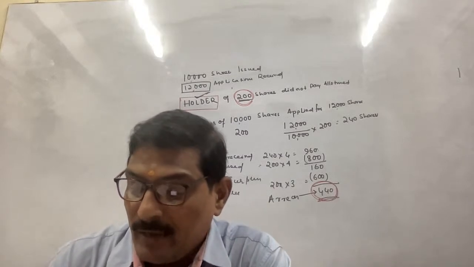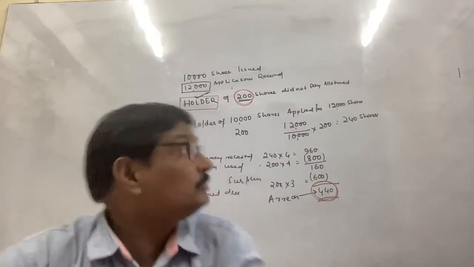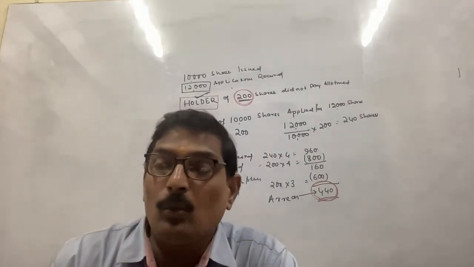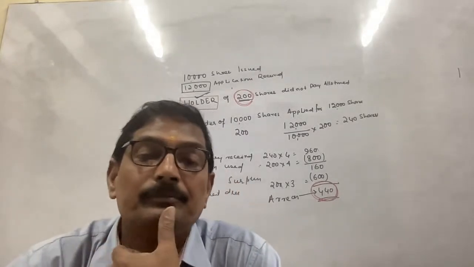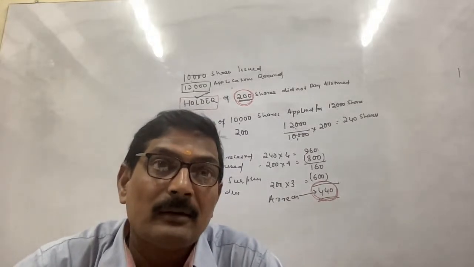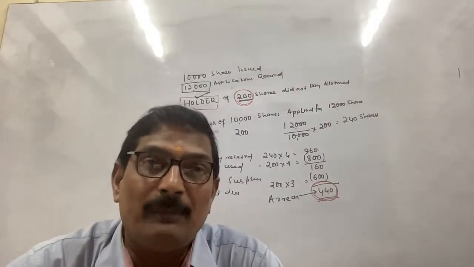Again the same thing, the holder of 200 shares, when they have not paid the allotment, it is implied that they have not paid the first call also.